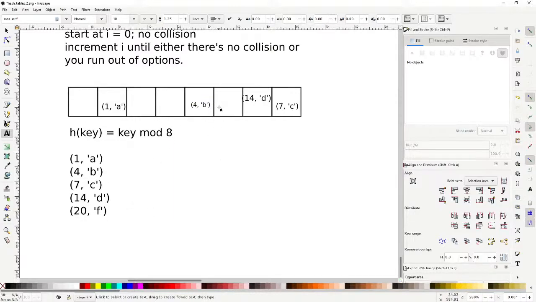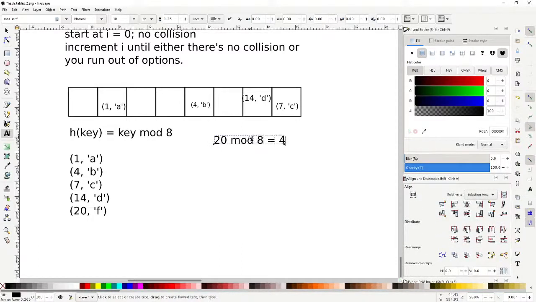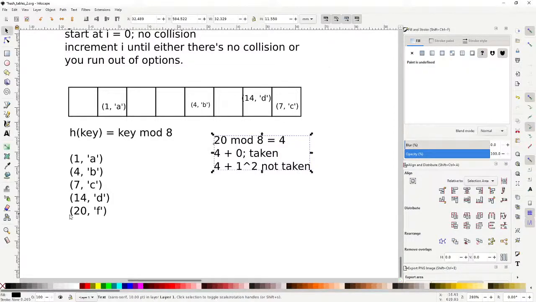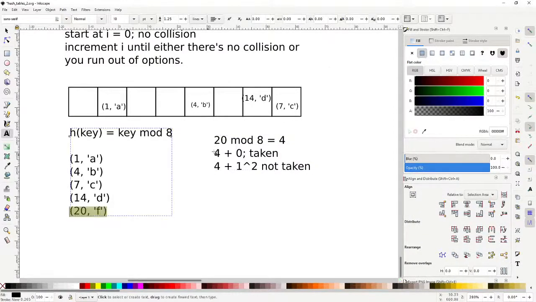But remember, if we're using quadratic probing, then we start at index 4. So we start at the start index plus 0. That's taken. Then we go to 4 plus 1 squared, which is not taken. So we can stick 20f into there.